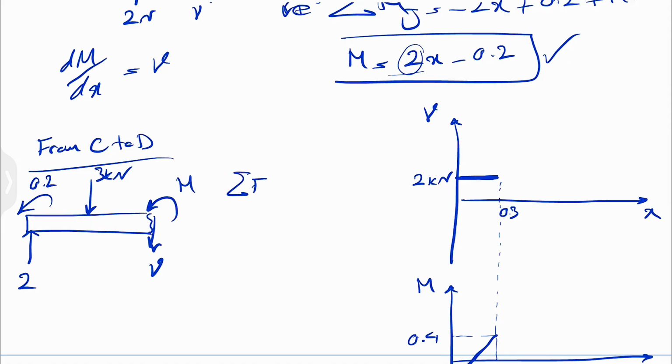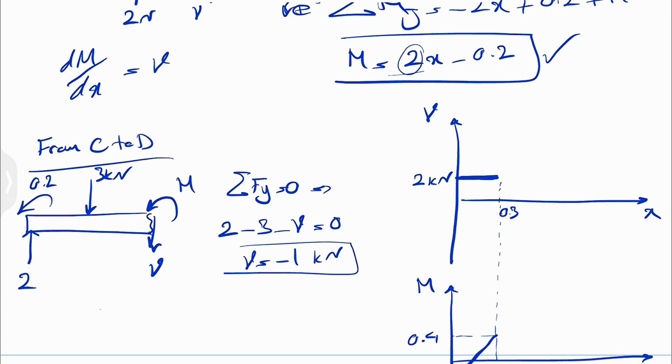So sum of all forces in y equals 0. We have 2, minus 3, minus V is equal to 0, which means our V is 1. Sorry, our V will be minus 1 kilonewtons. And we're going to do our moment again.